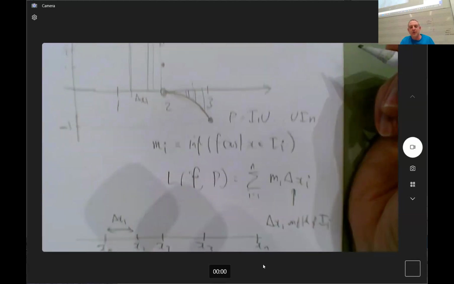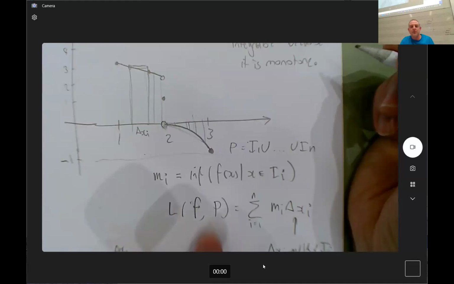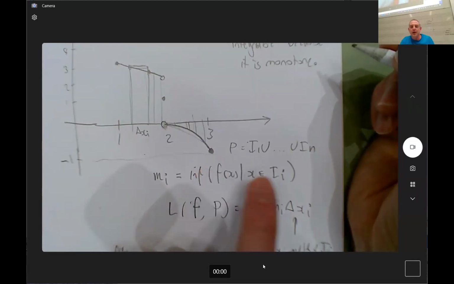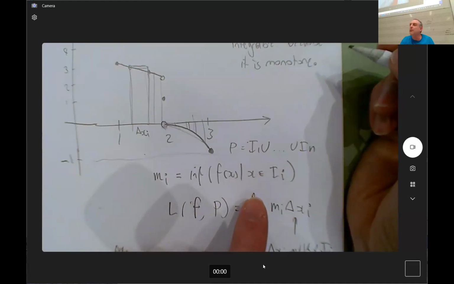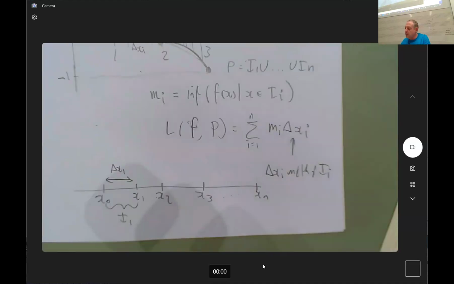And so if you do have a decreasing function, the infimum on interval number i is the same as the supremum on interval number i plus 1. And so when you subtract the two of them, all the ones in the middle will cancel out. So that's the proof here.